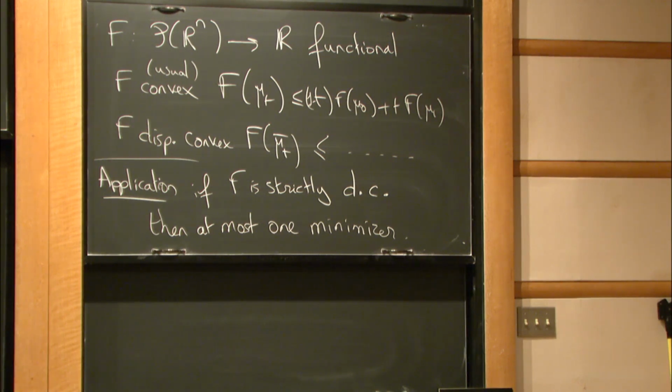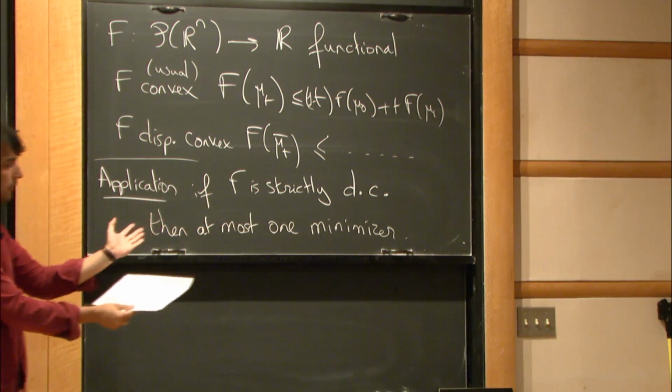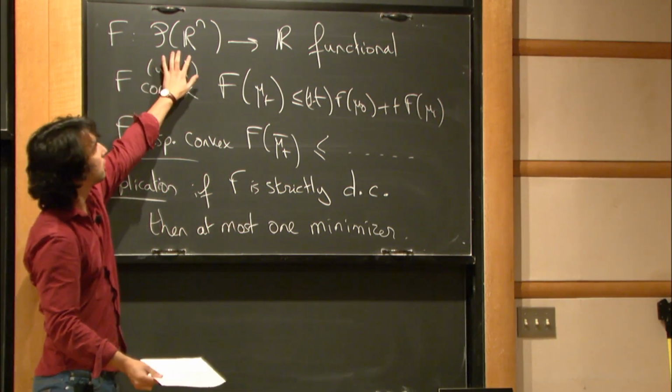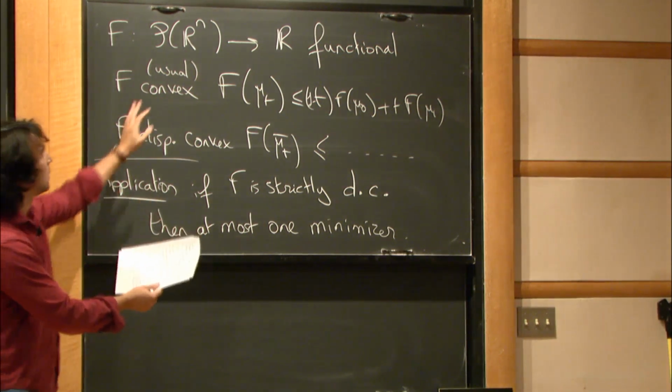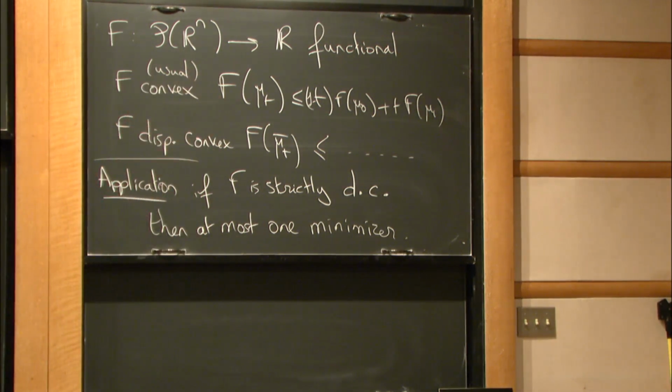Of course, if you're asking about minimizers among a certain subset of this, you may need to check that your transportation preserves the subset on which you're working.